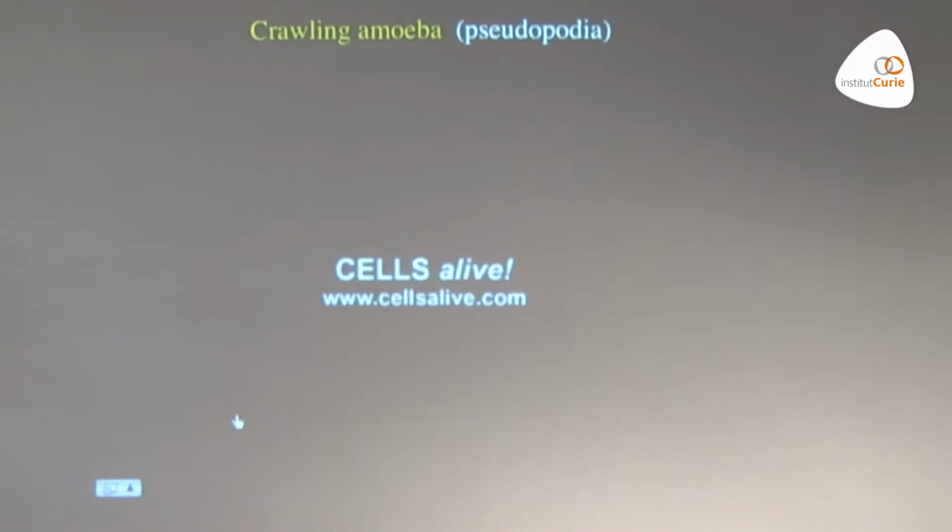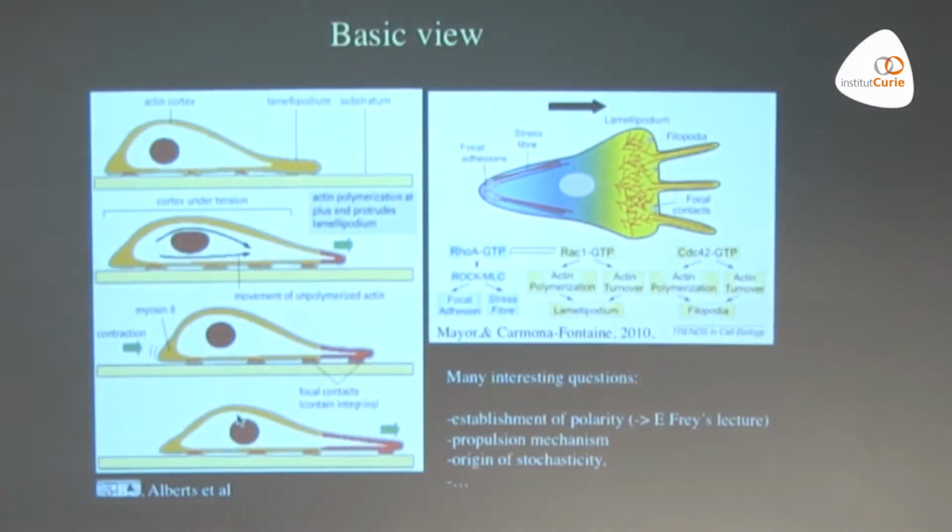So just to remind you very quickly what cell motion is, of course it's just a very basic summary. You have actin here in the front of the cell. It's a complicated process where you have a mesh of actin, which is polymerizing at the front and depolymerizing at the back.